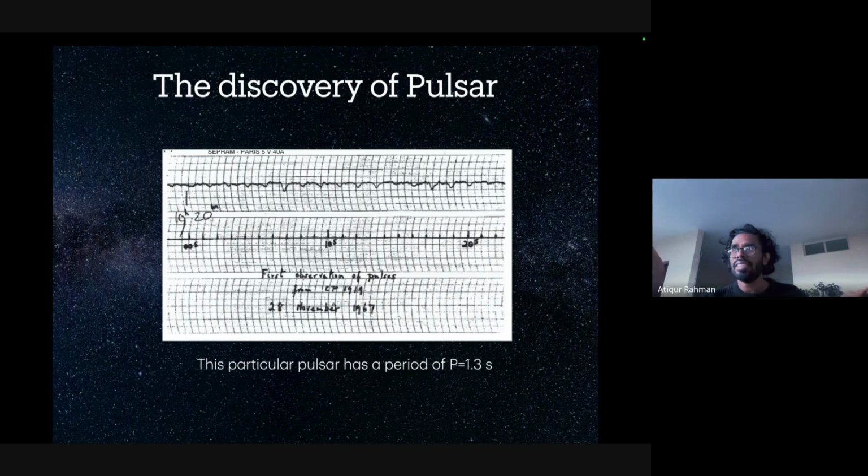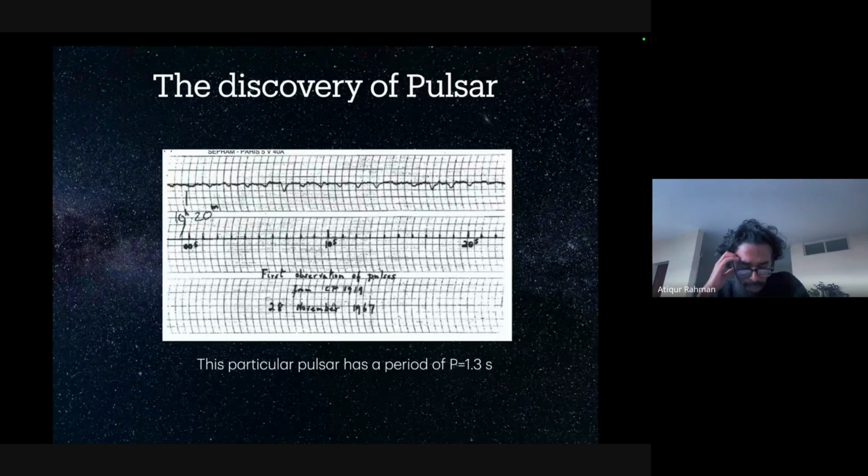I mean, if they thought that it is coming from some external source, the source must have a density of 10 to the power 8 gram per centimeter cube, which at that time people used to know about white dwarfs, and it used to match with that. So they thought maybe it's coming from a white dwarf. After the second thought, the first thought was, of course, the little green man.